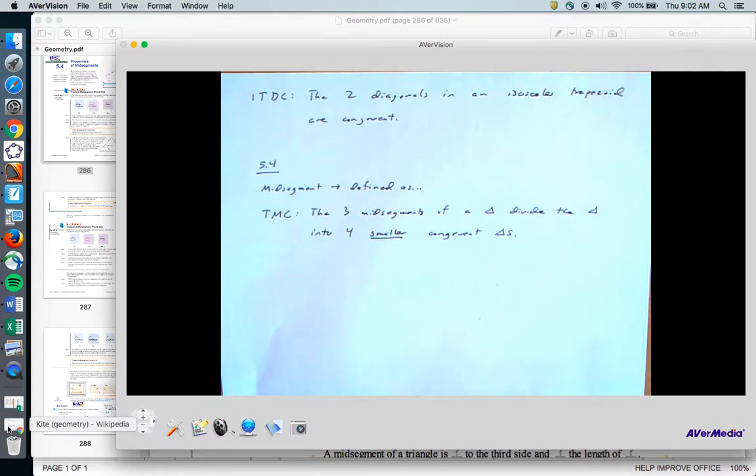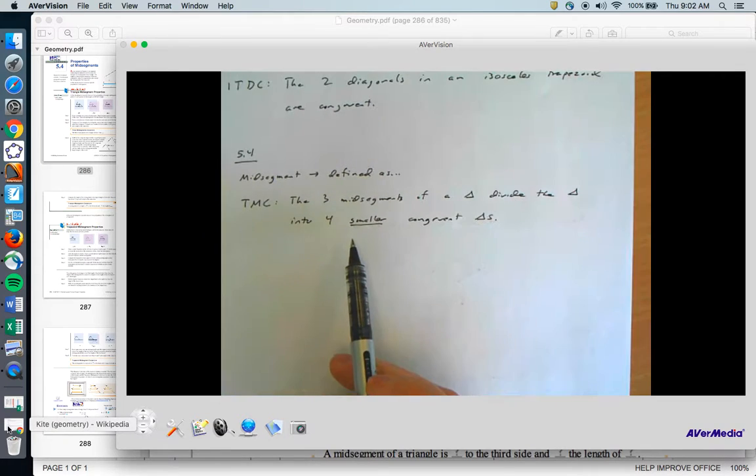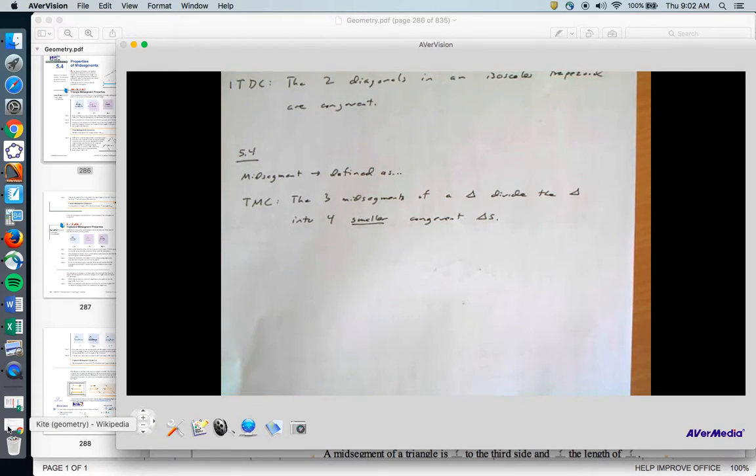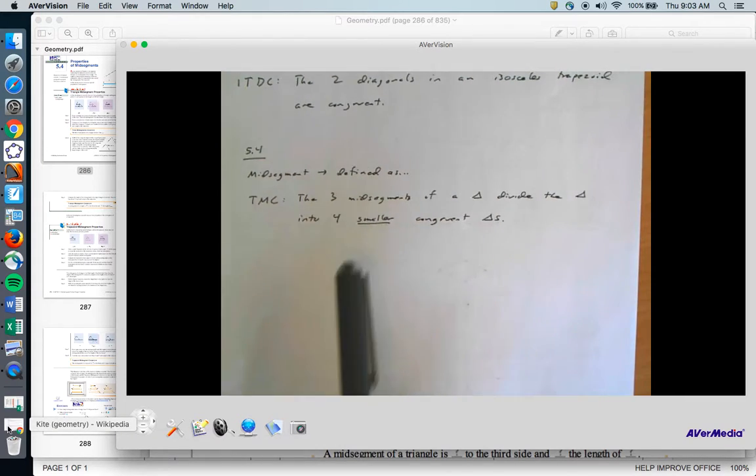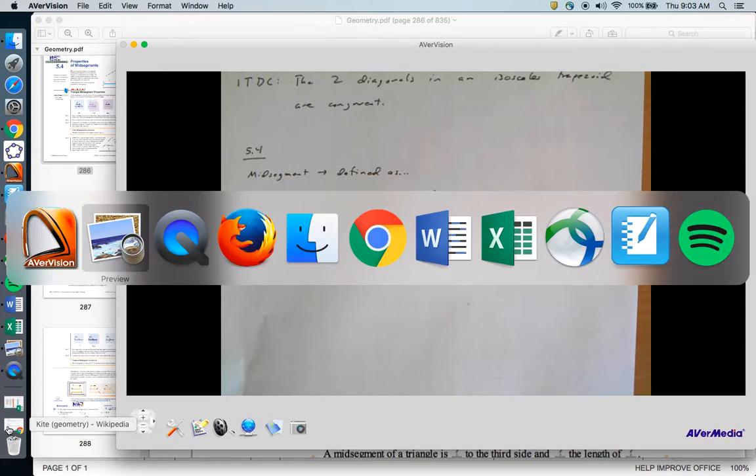Probably don't need the smaller. It's pretty clear that if we connect a couple midsegments, we're making a smaller triangle, but I'll put it in there just for extra emphasis. All right, so that's the first property.